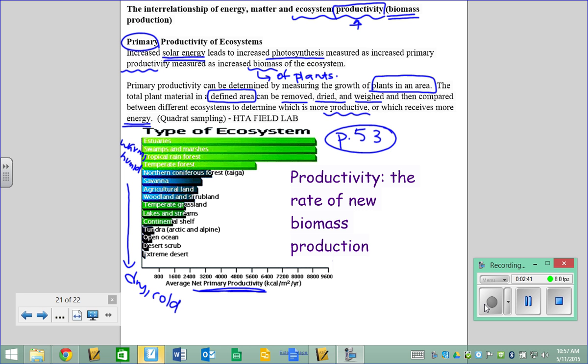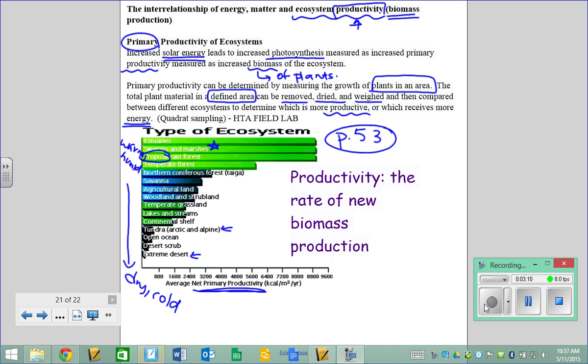Now again, I don't need you to memorize details of specific biomes, specific ecosystems, but just to recognize the factors that would affect productivity. So obviously at the top here, I have my tropical rainforest. Things like swamps and marshes are usually very warm and very humid. Way down at the bottom, we have our desert, and we have our Arctic areas, because those areas tend to be not only dry but cold.